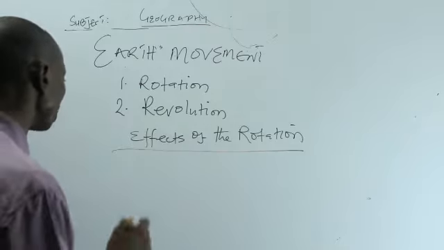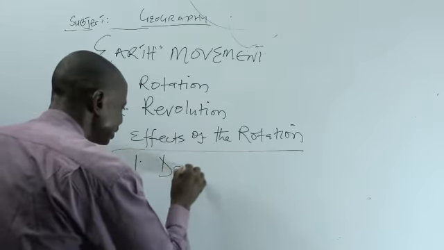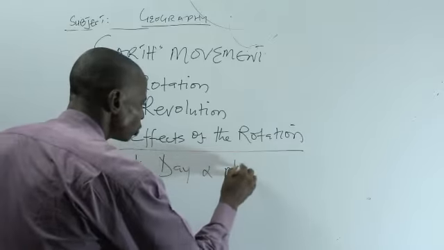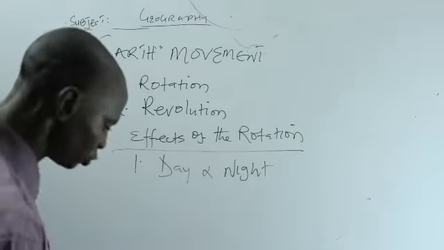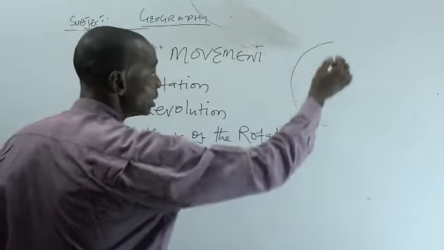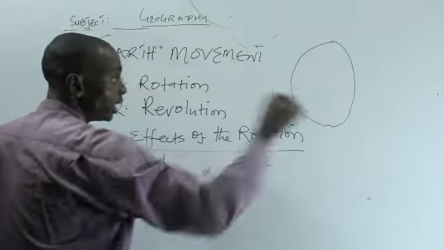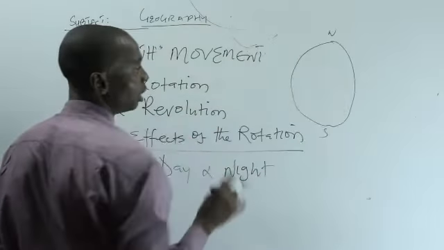Number one, it causes day and night. Let me demonstrate it. Can you see? We have established the fact that this is the shape of the earth. This is the north, this is the south.